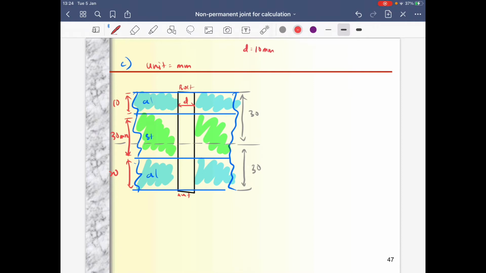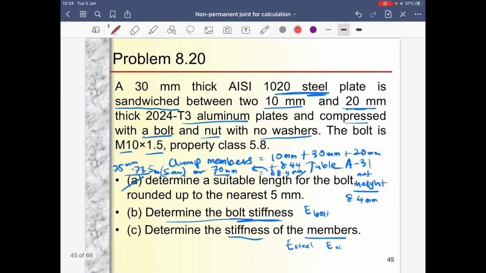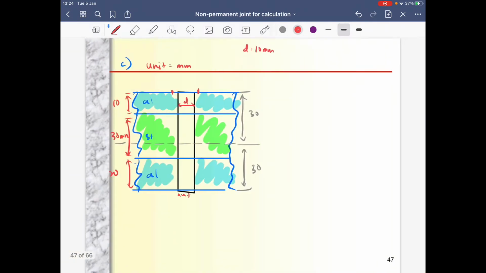As I mentioned earlier in the class, after D we have to know the washer diameter. I know there is no washer in this problem because it is mentioned in the question that no washer is included, but to calculate a conical shape for the frustum, we have to have an imaginary washer diameter.